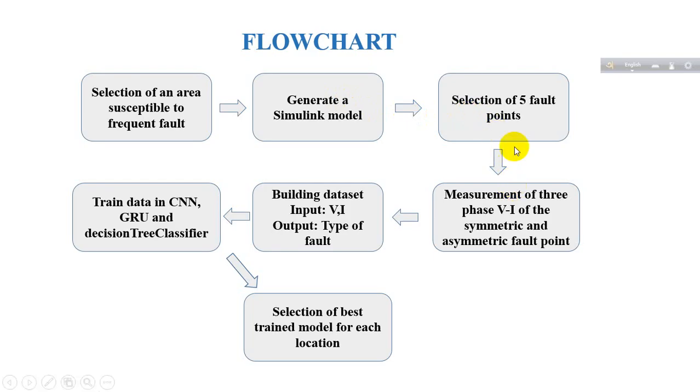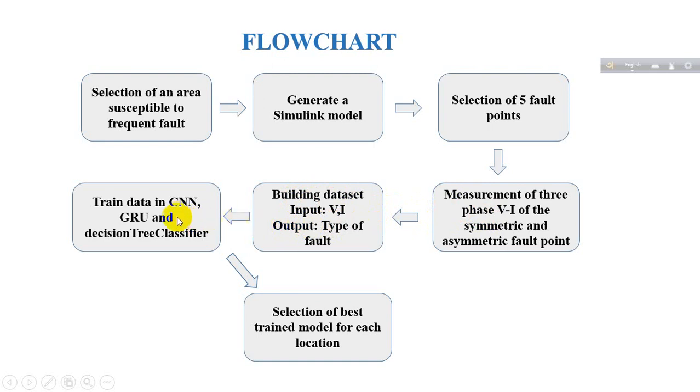How? To do so, we have placed a voltage current measurement meter at the point of fault and measured both symmetric and asymmetric faults, including line to line and ground, line to ground and so on. After that, we have generated a dataset based on this study.